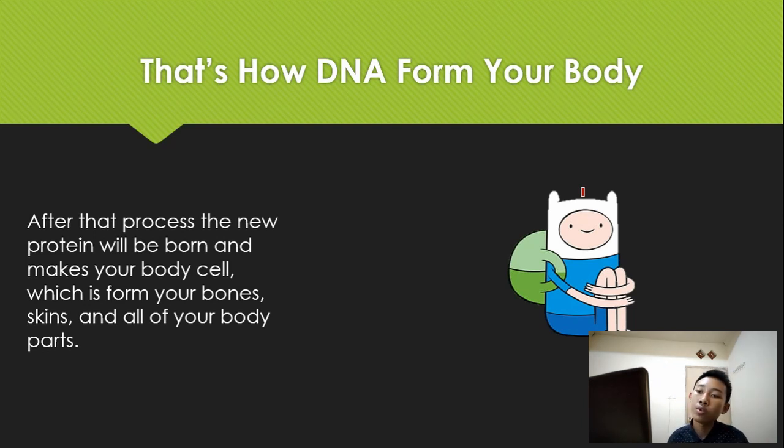That's how DNA forms your body. After that process, we know the protein will be born and make your body cells, from your bones, skin, and all of your body parts.